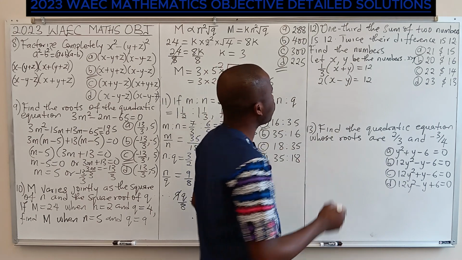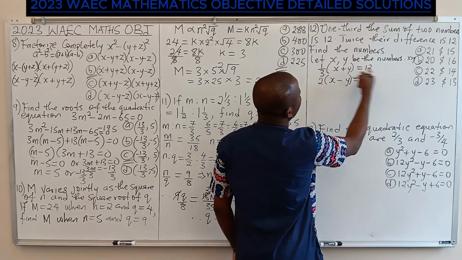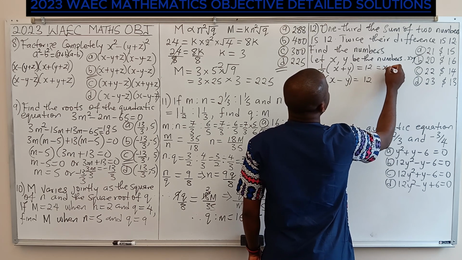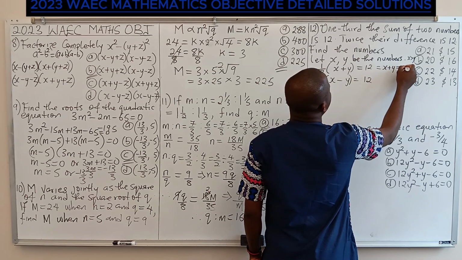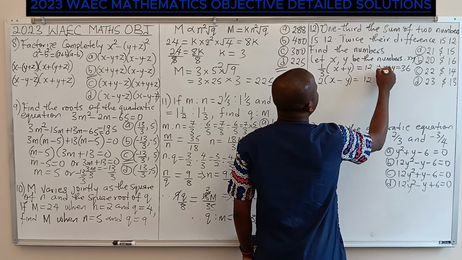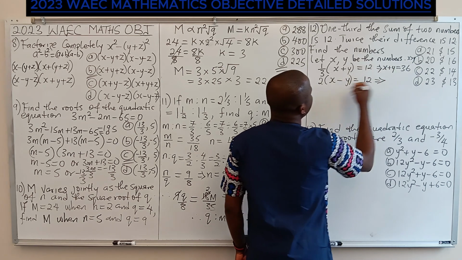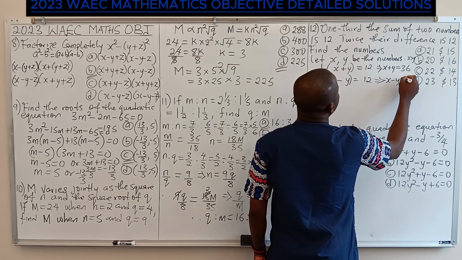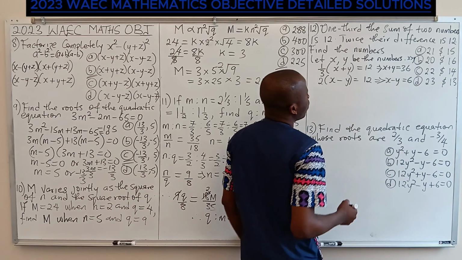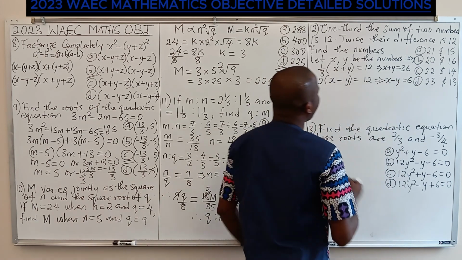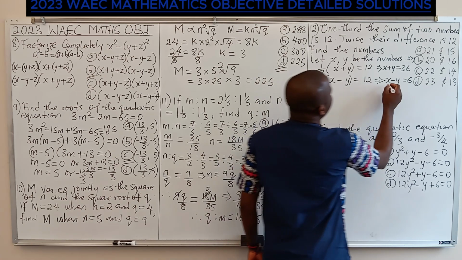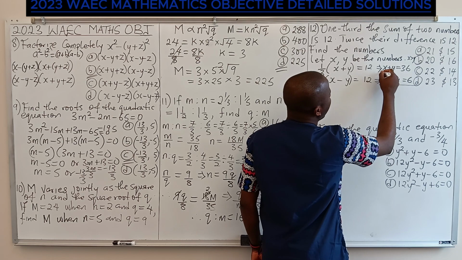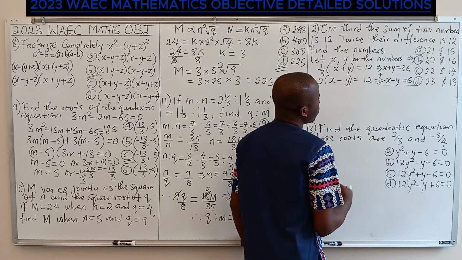Find the numbers. So if I multiply through by 3 here, this is same as x plus y will be 36. This is same as if I divide through by 2, I'll have x minus y is 6. Now, I can use elimination method. By elimination method, I can add both sides.